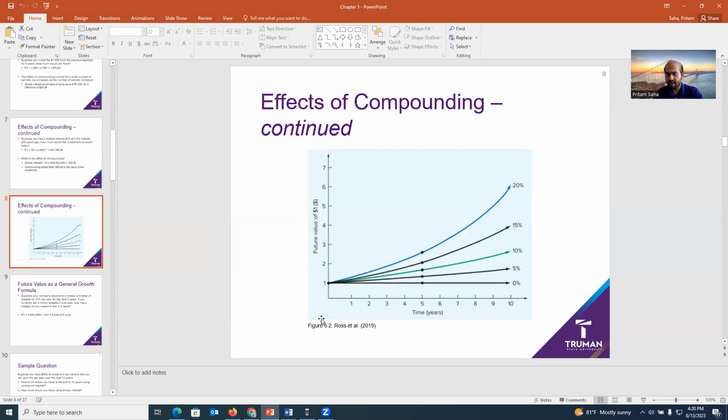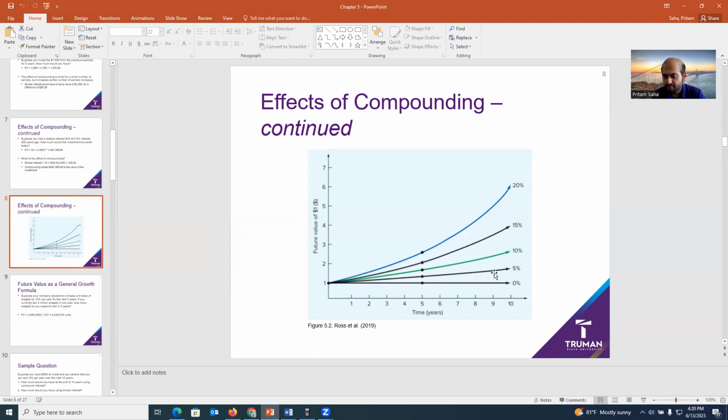So you have to be careful in interpreting this graph. This is 0, okay? Here we invested $1, and we're trying to reach what the future value should be when the interest rate is 0%. Because if the interest rate is 0%, we are not earning any interest on our investment. So future value should be equal to the present value of $1, right?